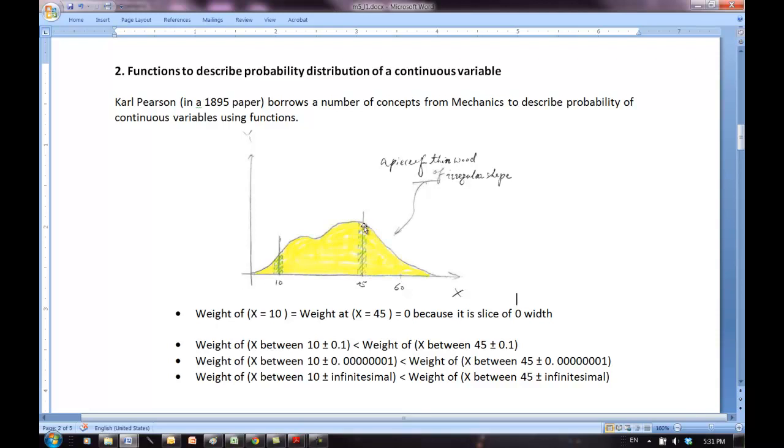gravity for a piece of thin wood like this with irregular shape. The center of gravity along the x-axis is the point where you can put a finger underneath to balance this piece of wood.